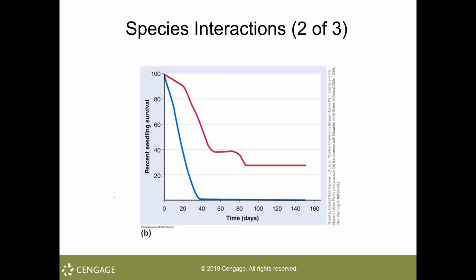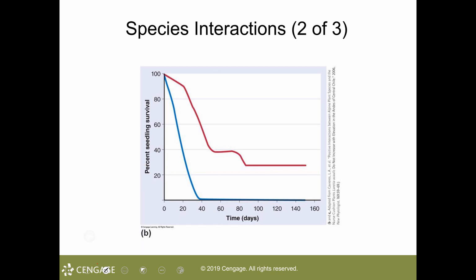This is figure 54.1b, where you see the field mouse-ear chickweed plants planted and grown within and outside clumps of Silene. In red, you see the chickweed, and in blue, you see the clumps. As you can see, there is a great decrease when they are grown outside those clumps, as opposed to within the clumps.